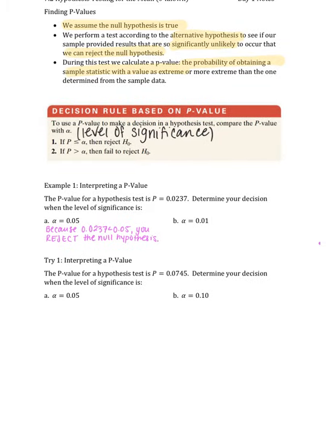Okay, again, if P is less than or equal to our level of significance, you reject the null hypothesis. If P is greater than our level of significance, then you never accept it, but you fail to reject the null hypothesis. So that's something we might want to write down here. Never accept it. You either reject it or you fail to reject it.